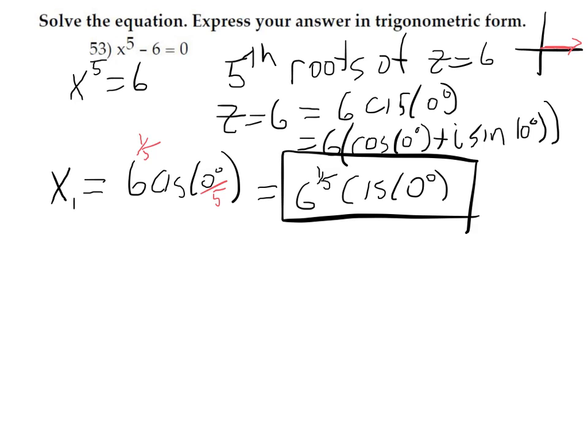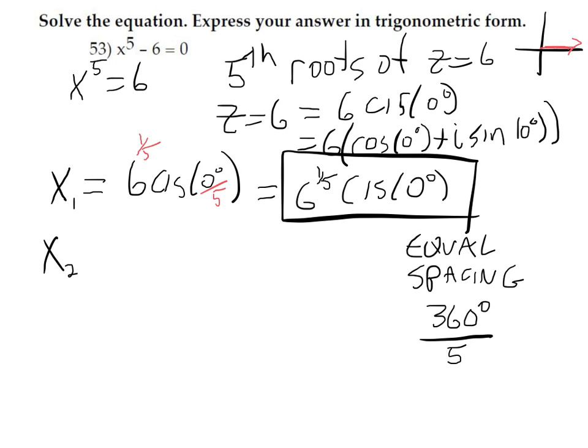Okay, next one. Now we utilize equal spacing. All 5th roots are equally spaced. In other words, our whole circle, 360 degrees, if I divide by 5, I get 72 degrees.